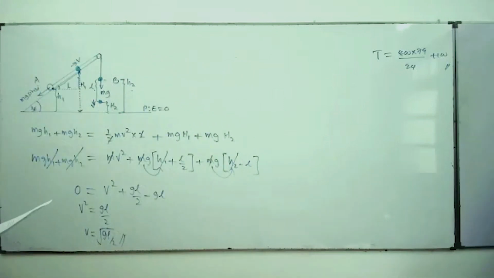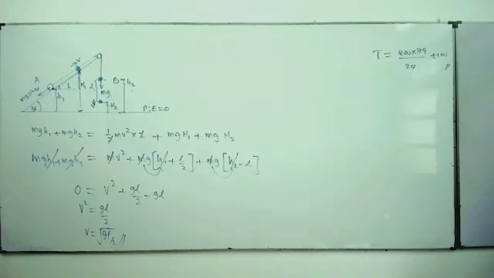Okay, number 10. A smooth hemispherical bowl of radius a is fixed such that its circular rim is horizontal and uppermost.